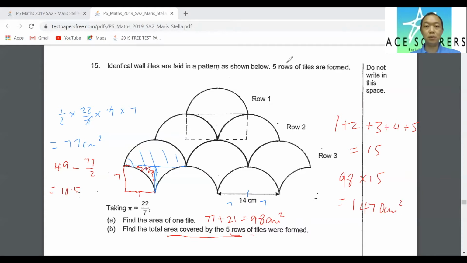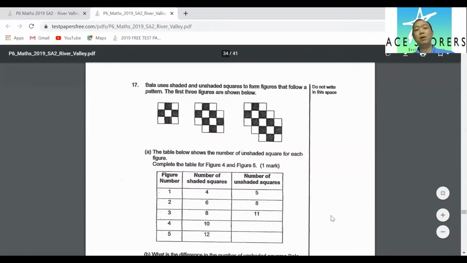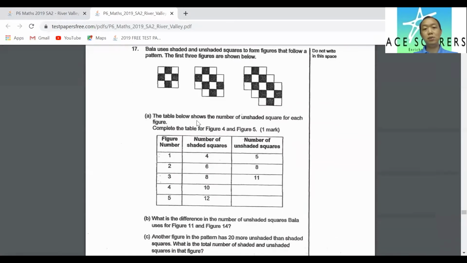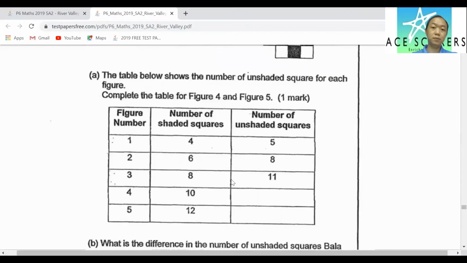Okay, so this is from Maristella. It's a pattern question. Bala uses shaded and unshaded squares to form figures that follow a pattern. The table below shows the number of unshaded squares for each figure. Complete the table. So 4 and 5. What is the trick here?